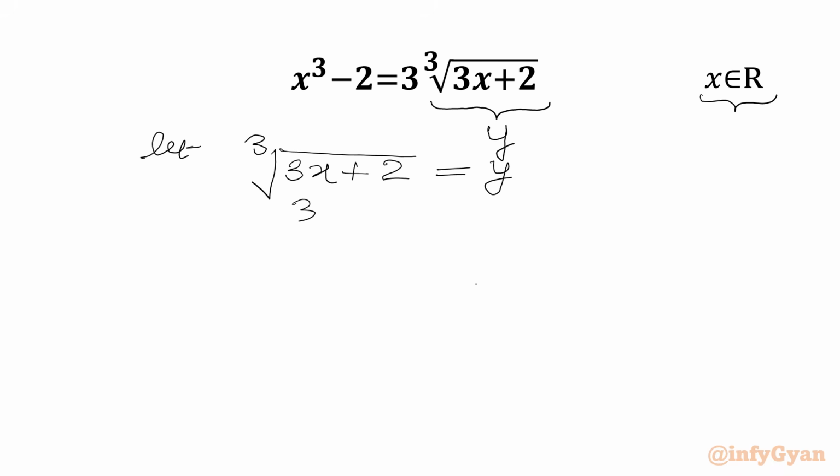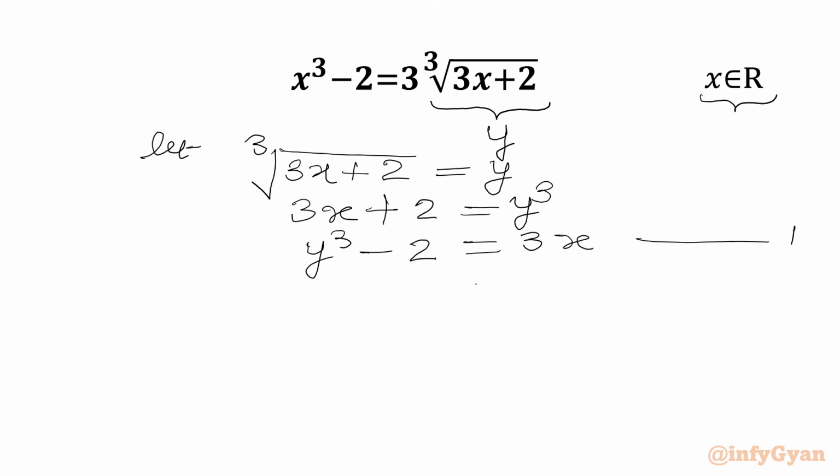After cubing both sides, we will get 3x plus 2 equal to y cube. Now we can subtract 2 from both sides and get our first equation: y cube minus 2 equal to 3x. Equation number 1.